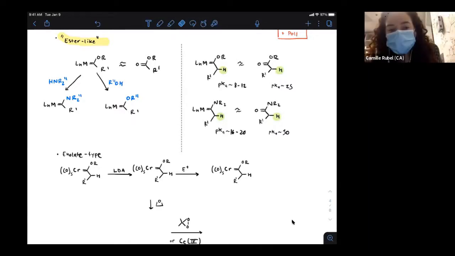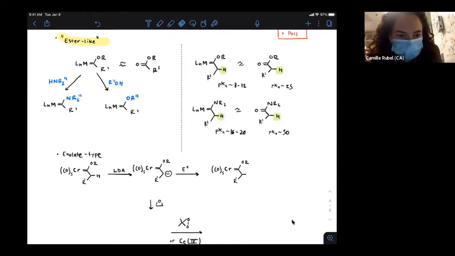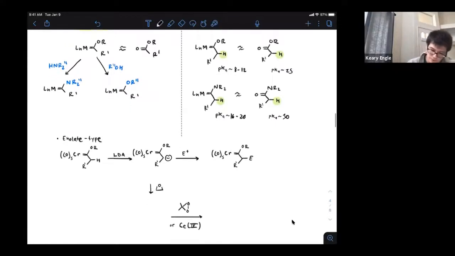So then it'll act as a base and you'll deprotonate alpha. And then I guess in the presence of an electrophile, you'll just trap that with the electrophile. Beautiful.